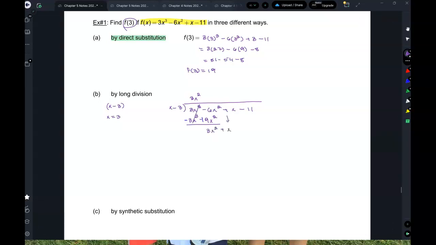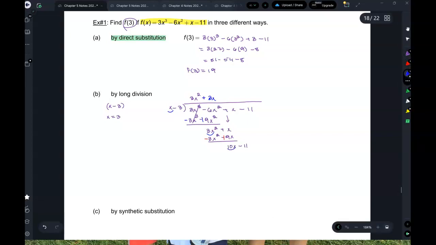Bring down the plus x. Divide this by this now. So we're going to get plus 3x. Multiply it out. 3x squared minus 9x. Minus plus. I get 10x minus 11.